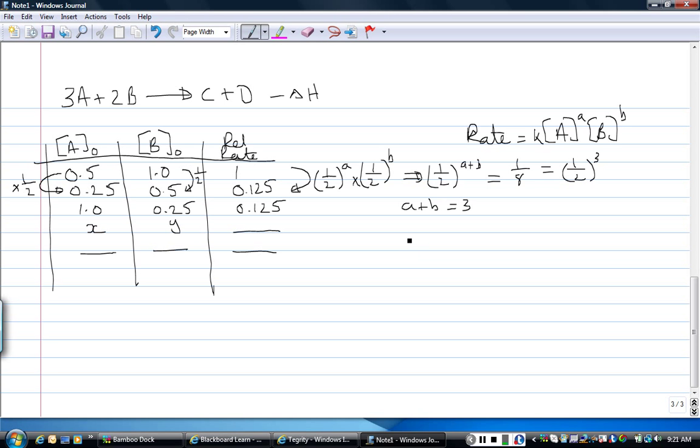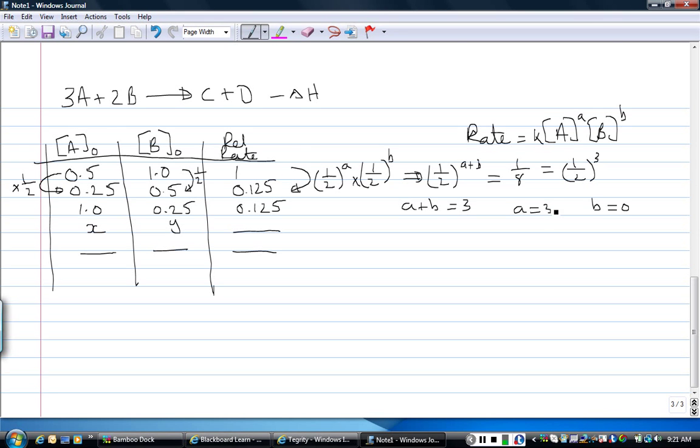Now, I've got a couple options. This will work if a is 3 and b is 0. And that's a possibility because 3 is the highest order of the reaction that is allowed. 3 is the coefficient of A in the stoichiometric equation. That is the maximal order of A that is allowed. I'm allowed orders of B equal to 0, 1, 2.